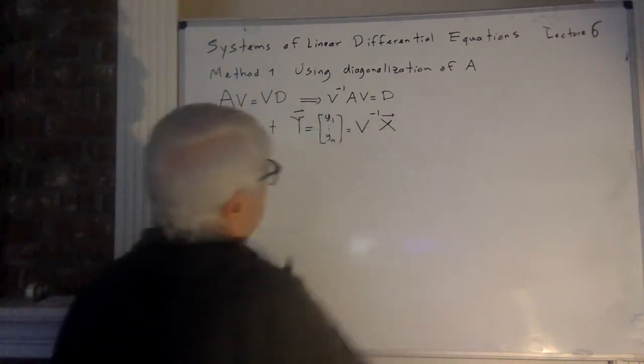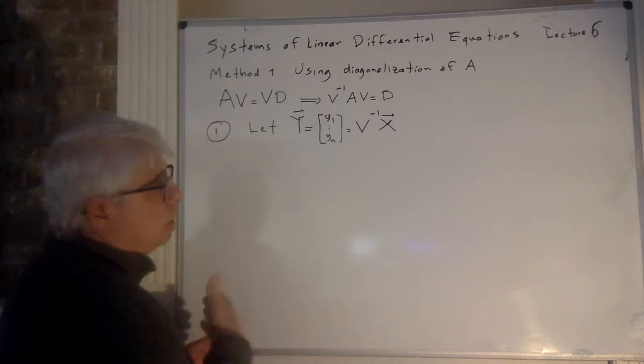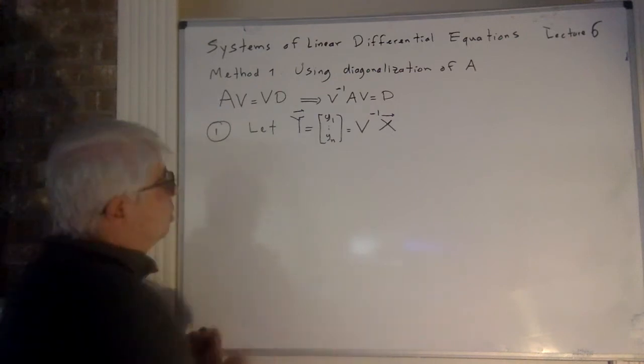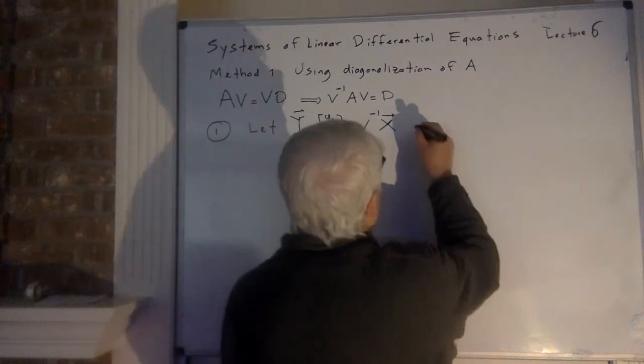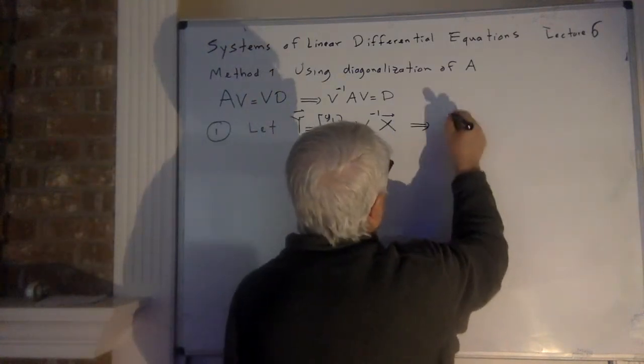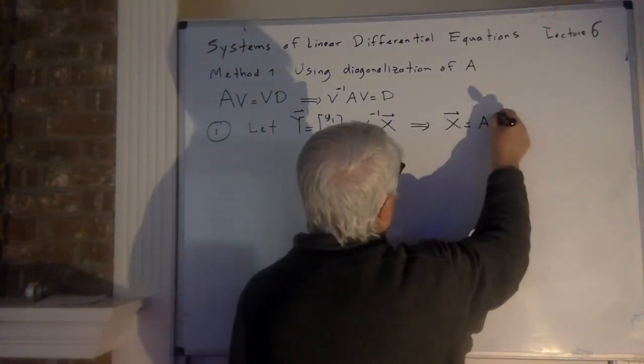Each one of them, Y1, is like a linear combination of the X's, okay? And this gives me that X in fact is V Y.